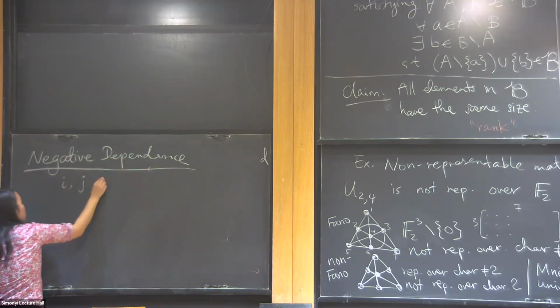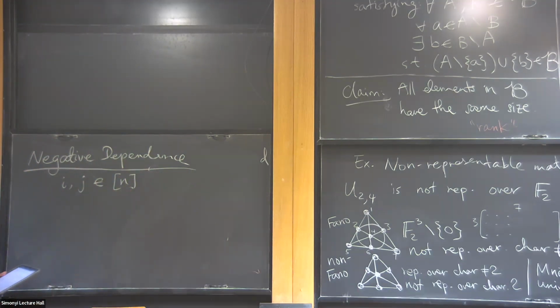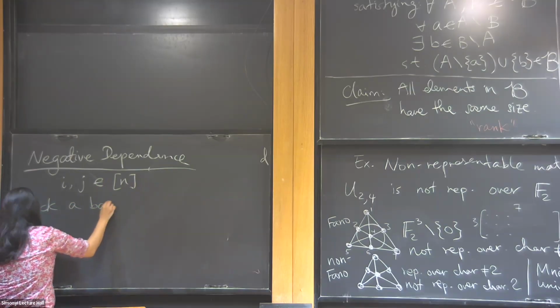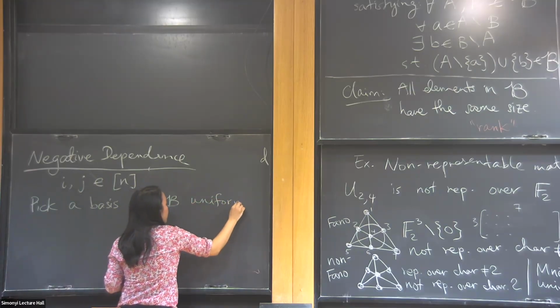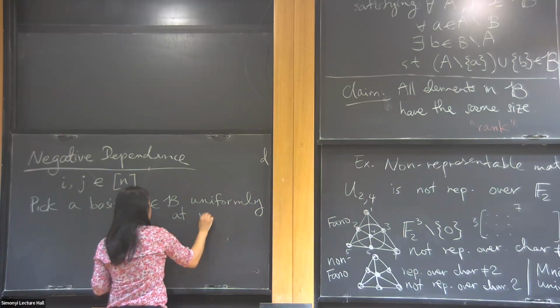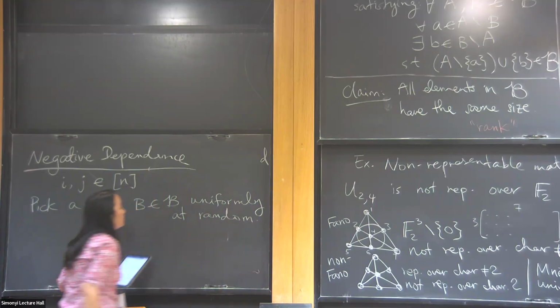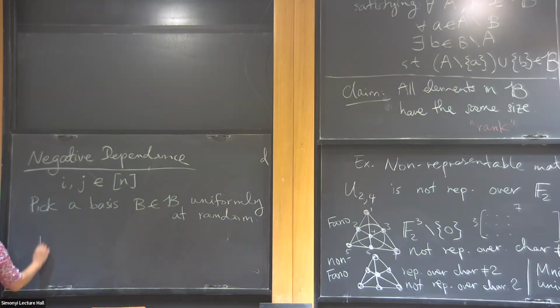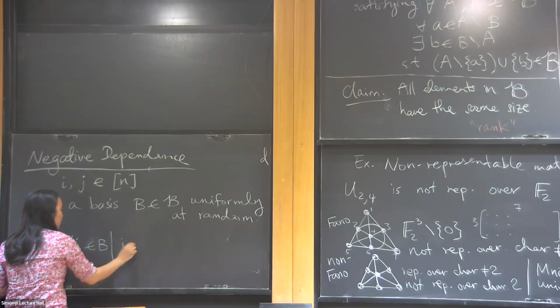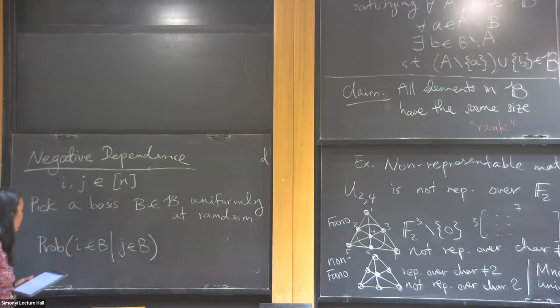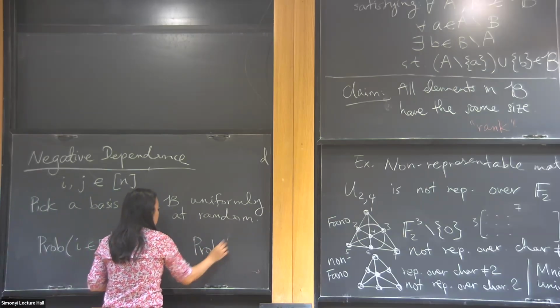Suppose I choose 2 elements of the ground set, and then in a matroid pick a basis B among the bases uniformly at random. Let's compare the probabilities of having I in my randomly chosen basis, given knowing that J is already there, versus not knowing anything about J.